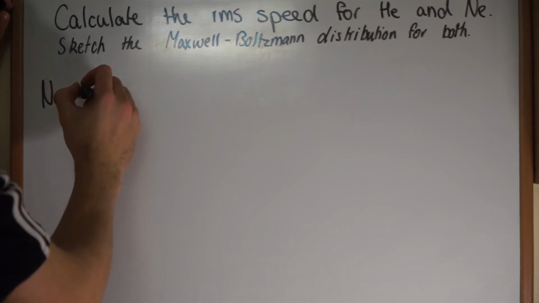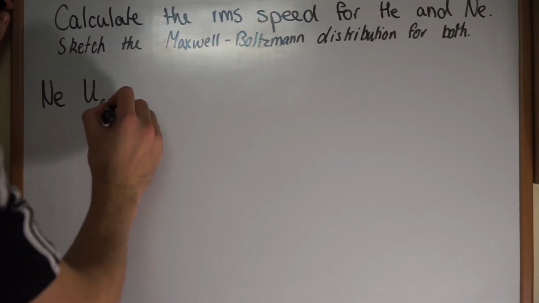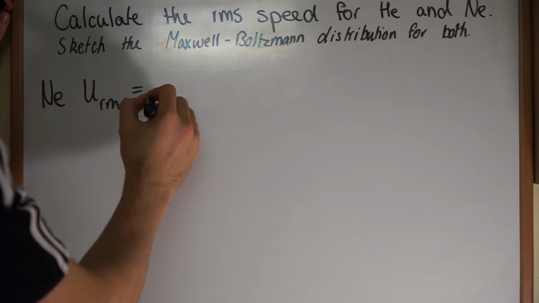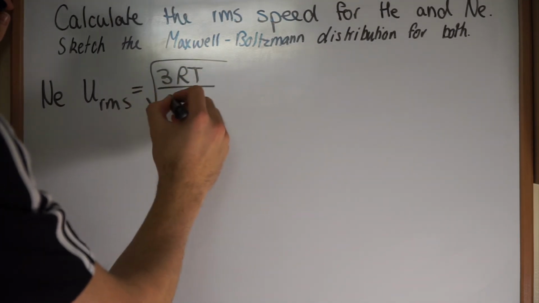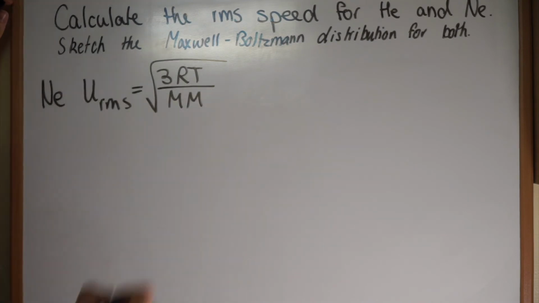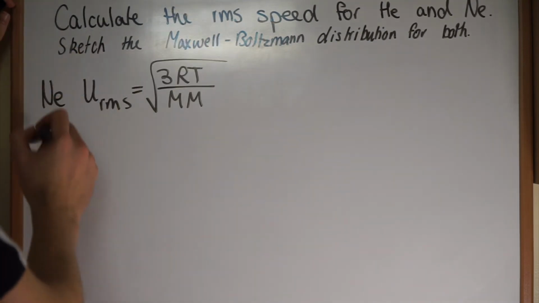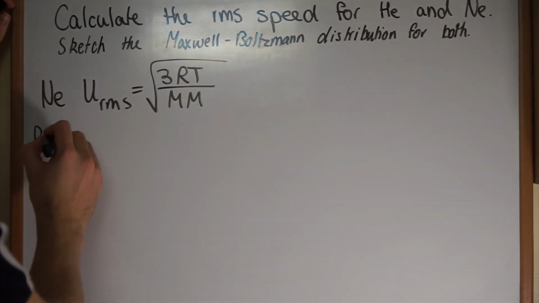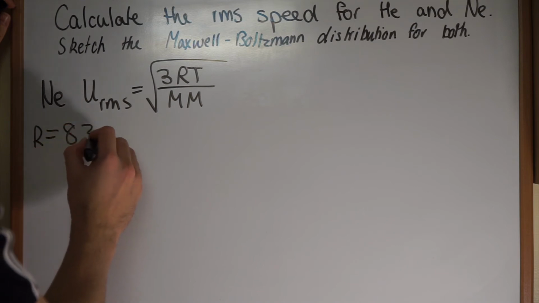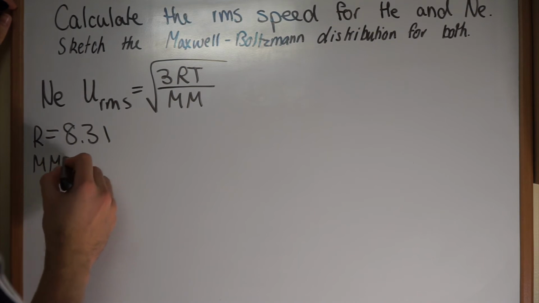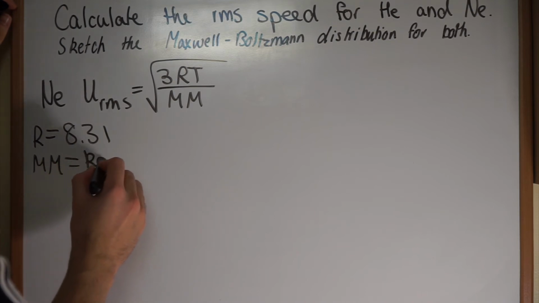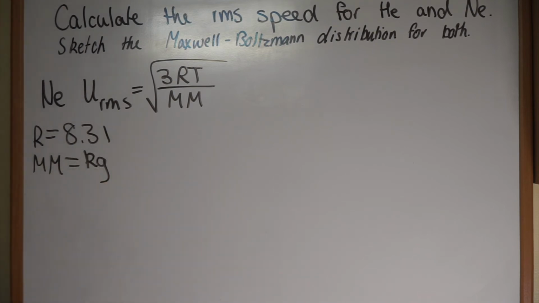And the formula for this is as follows. Now, the gas constant we're going to use for this is going to be 8.31, and molar mass needs to be in kilograms, and this is all to do with joules and energy.